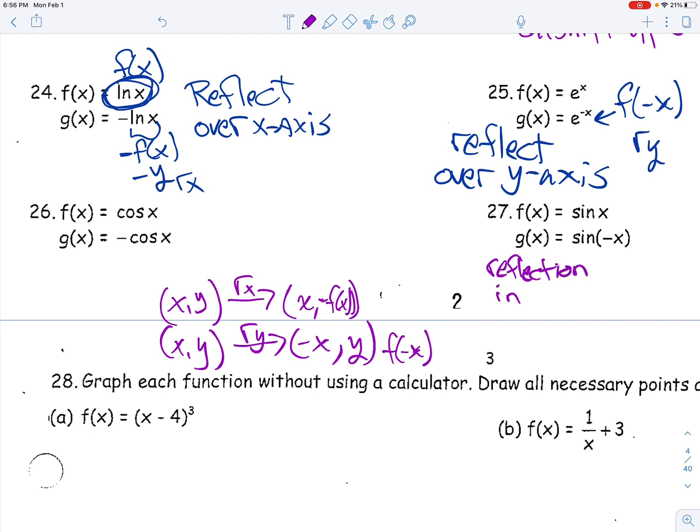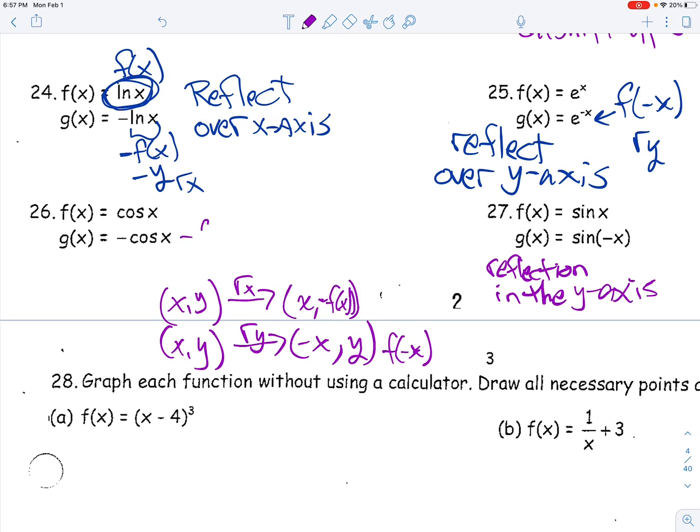All right? Just the x here, so that's a reflection in the y-axis, when it's just the x that is negated. And in 26, it's not just the x that is negated. It's the entire function.